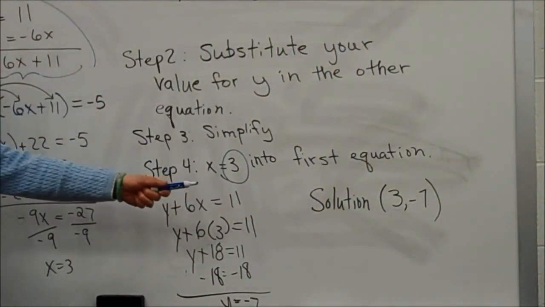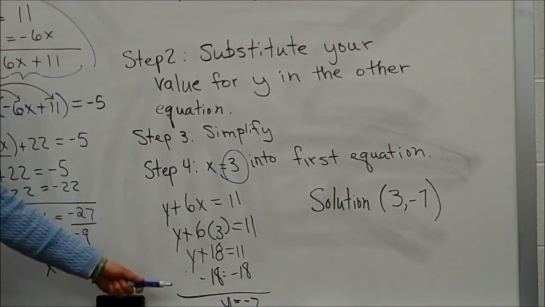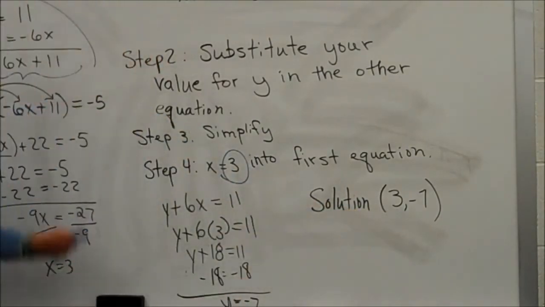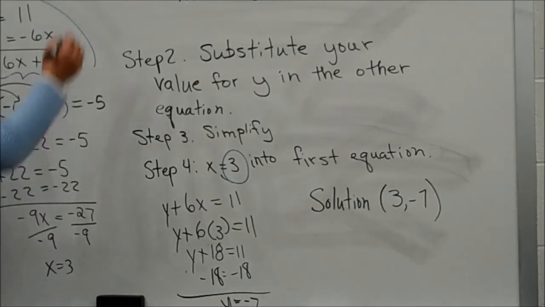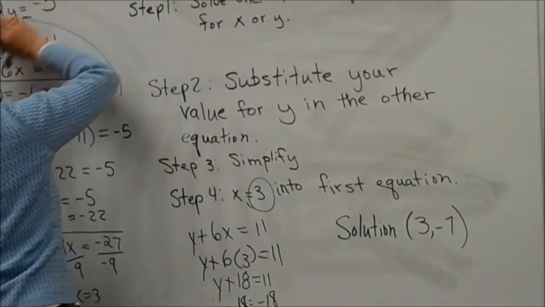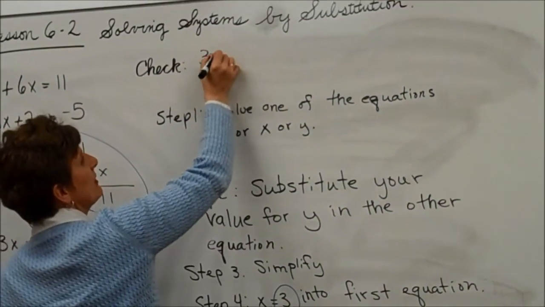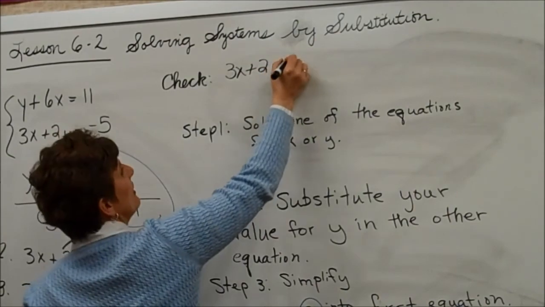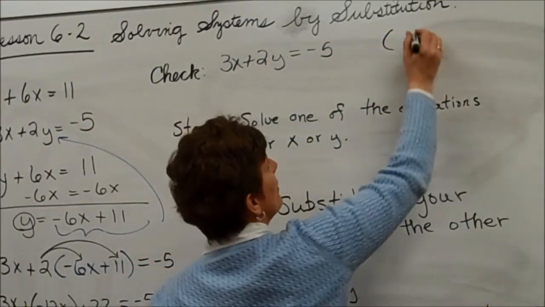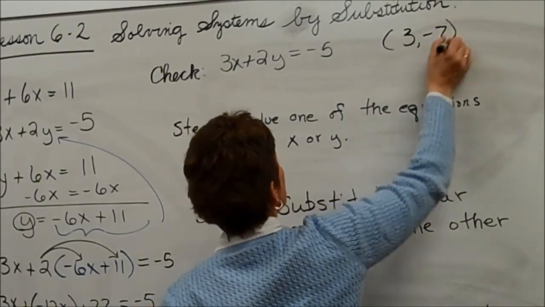How do I check this solution? How do I make sure that I did not make any mistakes? I use my value for x and y, and I put it in the second equation. So here's my check. To check, I'm going to take 3x plus 2y equals -5 and use the ordered pair 3, -7.